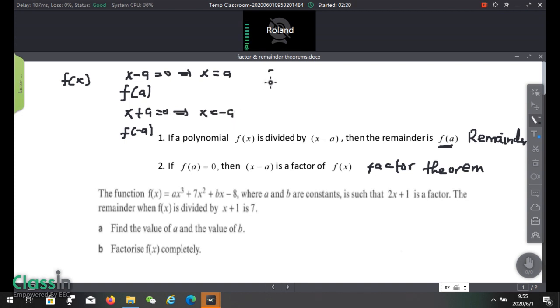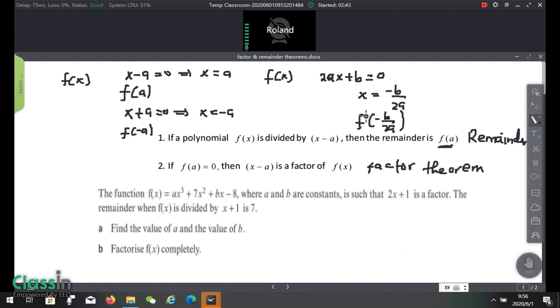In conclusion, if f of x is divided by 2ax plus b, then we can clearly see that if we equate this to 0, x will be negative b over 2a. So the remainder will be f of negative b over 2a.